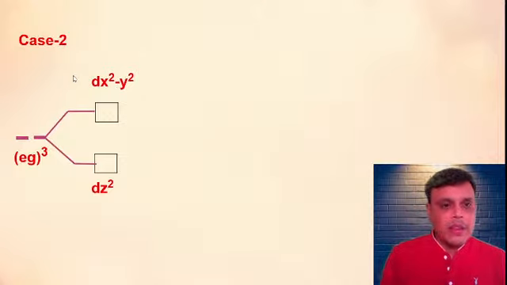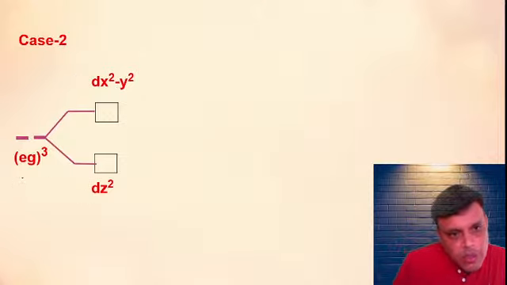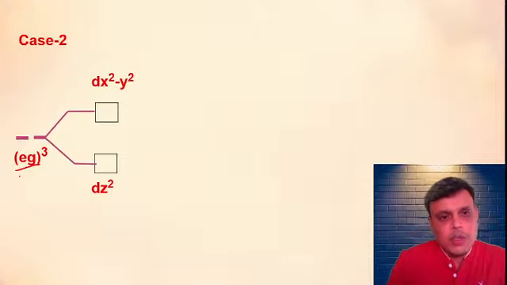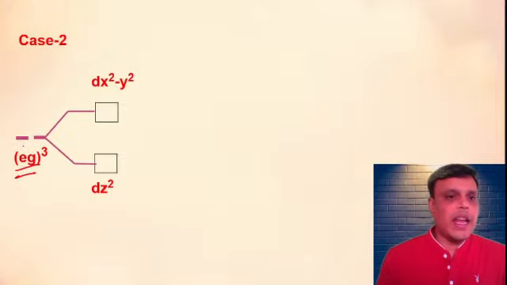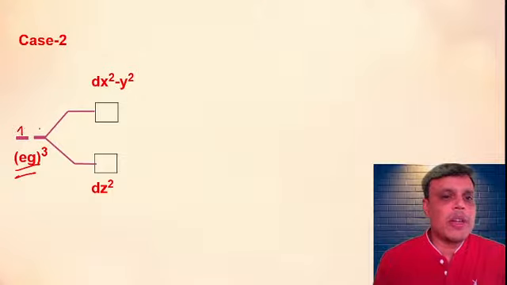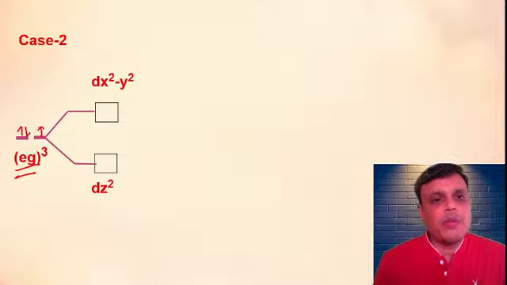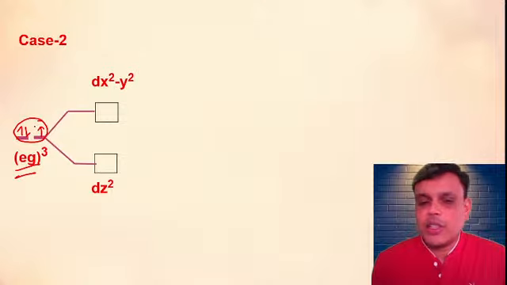So now this is 2 Eg orbital. You know that 2 Eg orbitals are there, and we have 3 electrons. In Eg orbital you have 3 electrons, and these 3 electrons you have to fill in dz square and dx square minus y square.